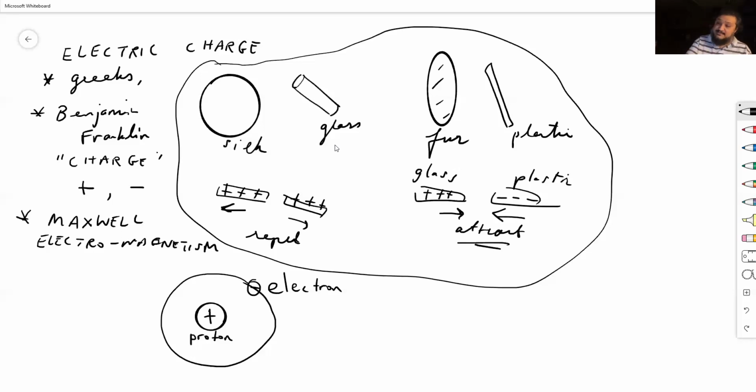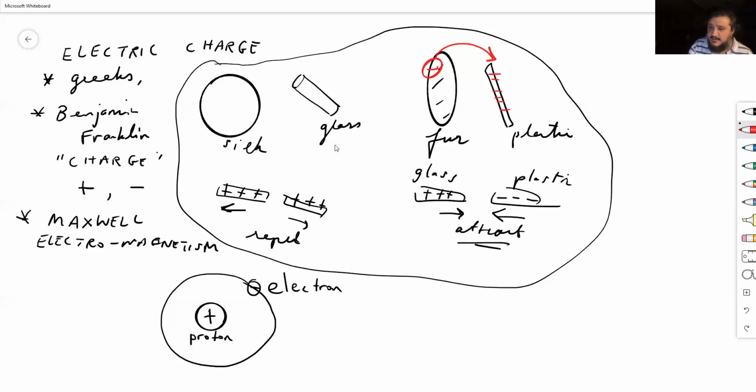In the case of a plastic, though, you're actually taking the electrons from the fur. The electrons jump. Like these red dots here will be electrons that jump over to the plastic, and it's going to make it negatively charged.